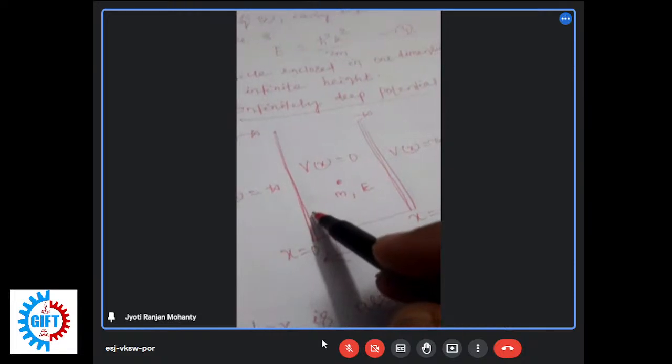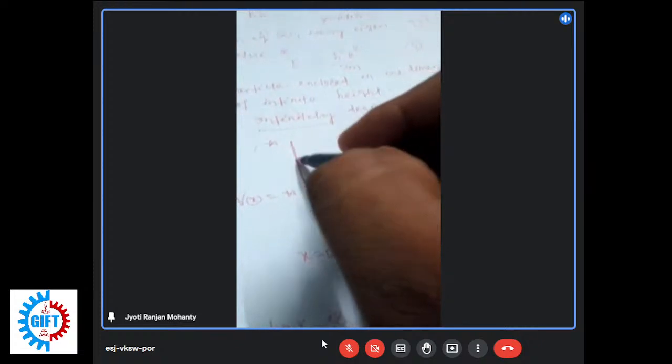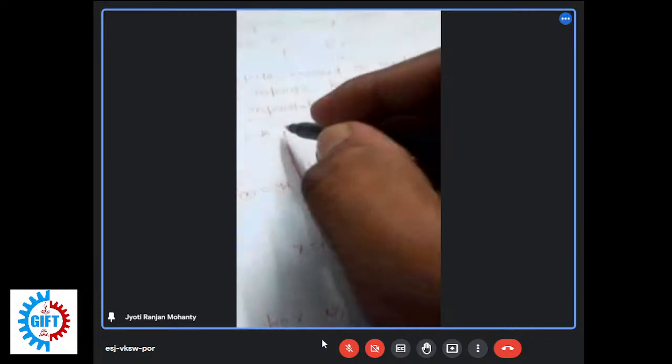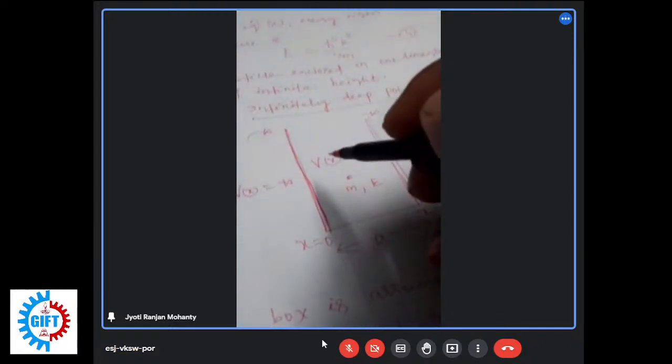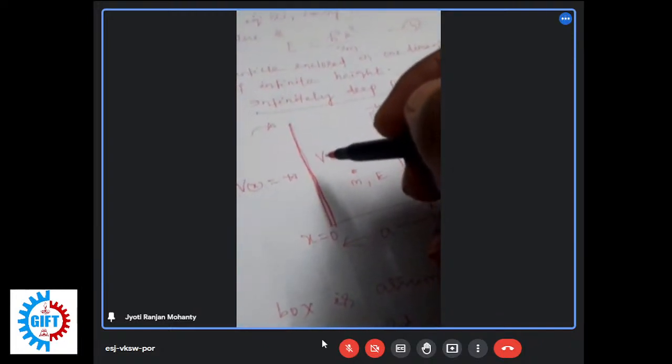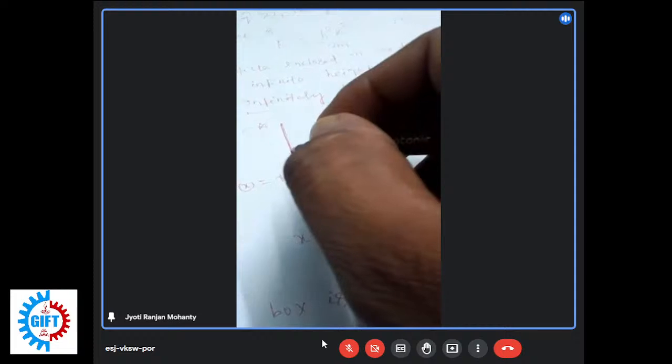Have you ever seen a particle stay on a wall which is elastic? No, sir. Since it is elastic and perfectly rigid, the particle cannot stay at x is equal to 0.